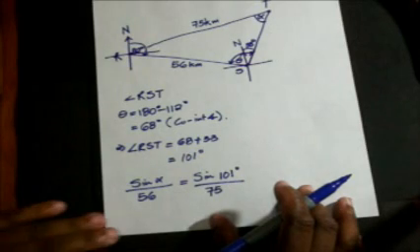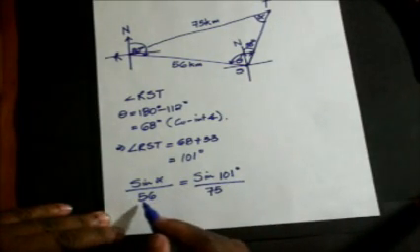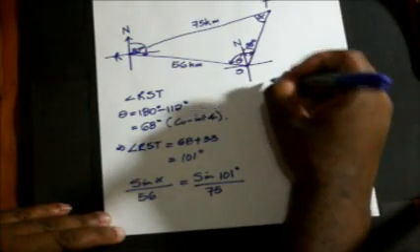Here the 56 is over here as divide, so I'm going to carry it over as multiply.